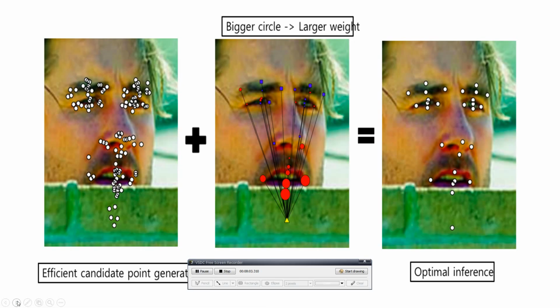In this slide, we're going to talk about the bigger circle, larger weight. We're going to do a couple of steps here to get better efficiency for our end result. These steps are greatly condensed in this example.